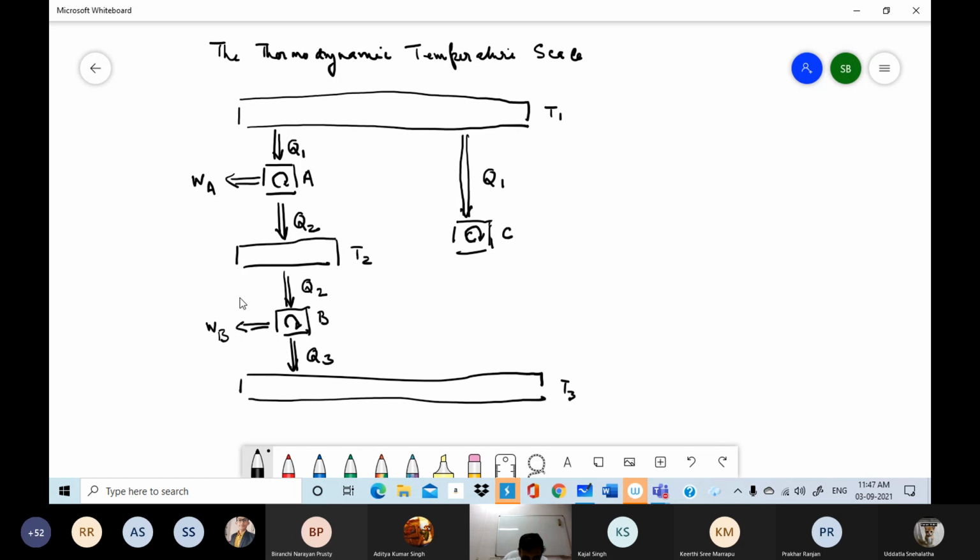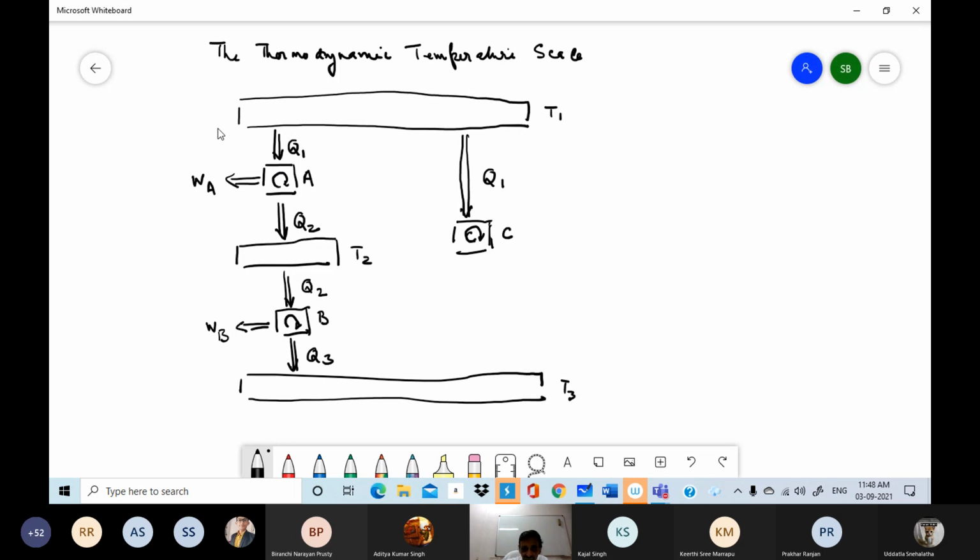So finally, if I consider the entire device consisting of engine A and B, in that case, it would reject Q3 to reservoir T3. And Q1 minus Q3 would be the total work output from this device.